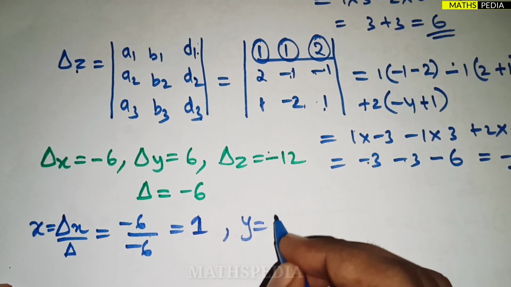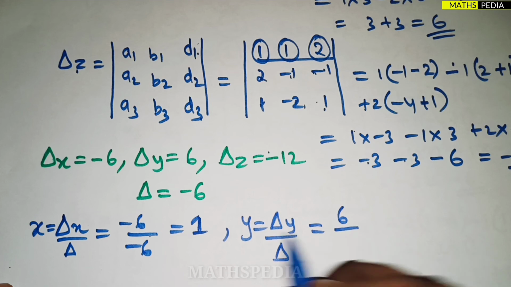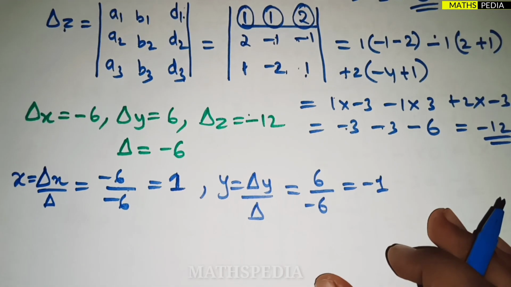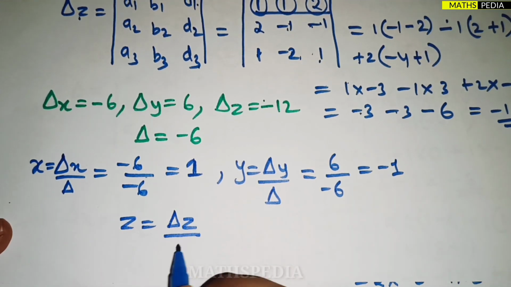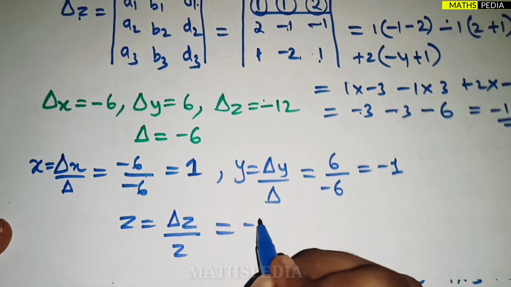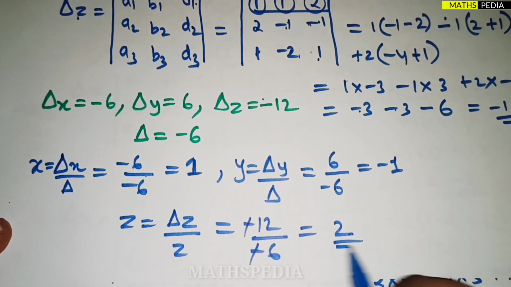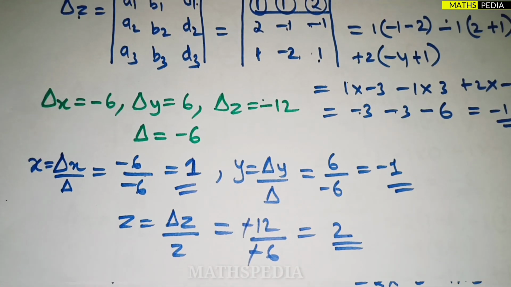Next, y value is delta y by delta, which is 6 by minus 6, which is minus 1. Next, z value is delta z by delta, which is minus 12 by minus 6, so it is 2. So I got all the values. This is how you have to find the values of x, y, and z using Cramer's rule.